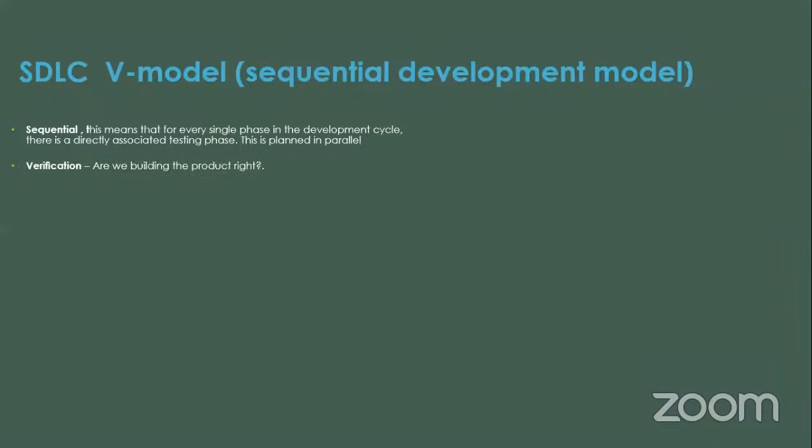Let's take verification. Verify, English word, verify. I want to check whether the product that we are testing, we are actually building the right thing. That is what verification means.